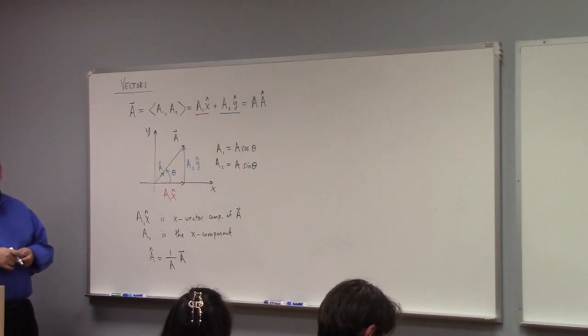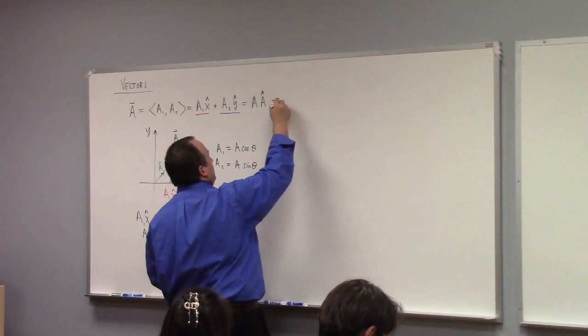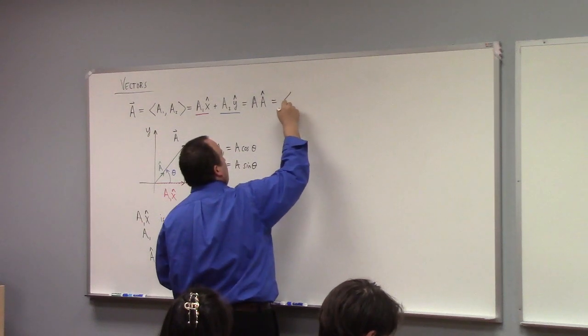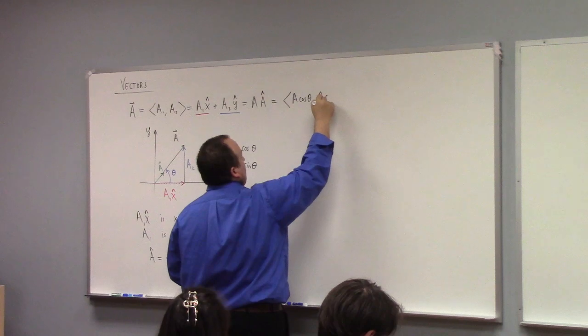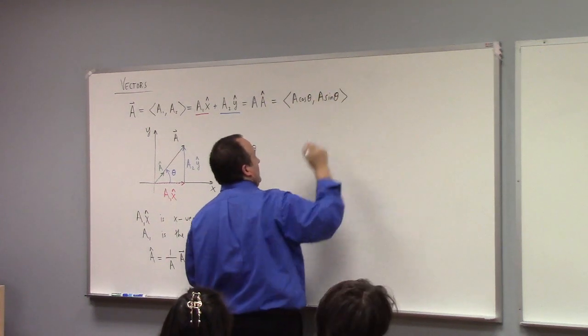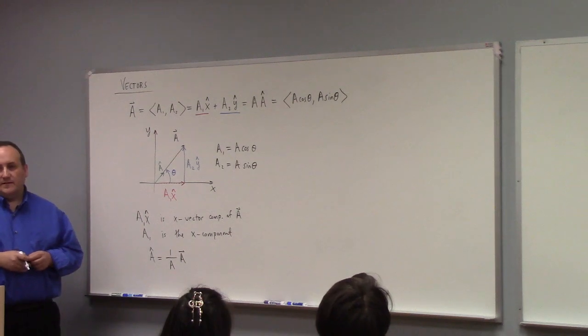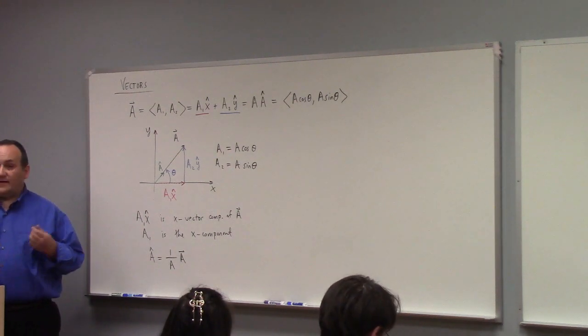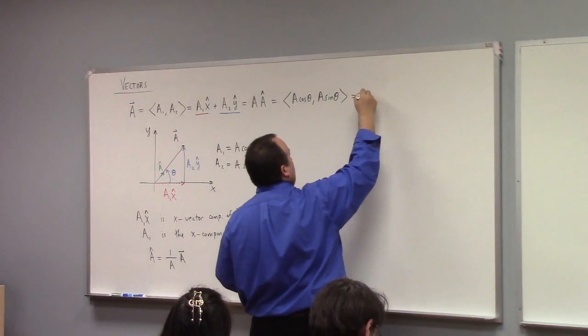So what does this mean? That means you could also write this as A cosine theta, A sine theta, okay? You could also write the vector like that. But what else can we do? We can factor out the magnitude, and we can write it like this.